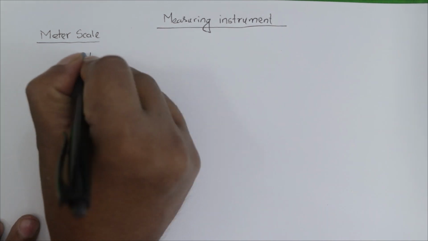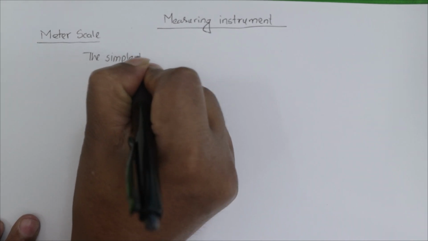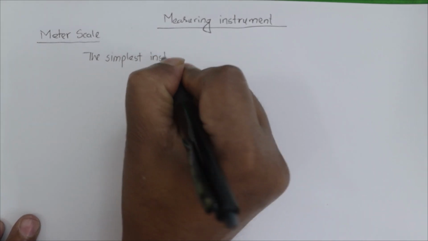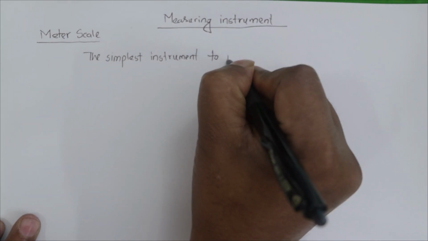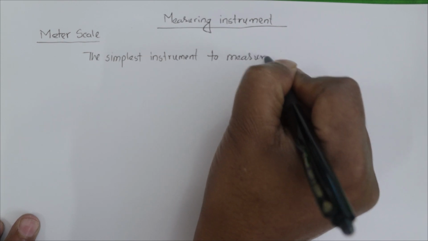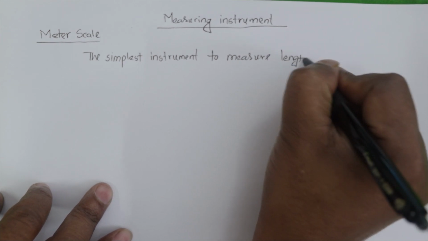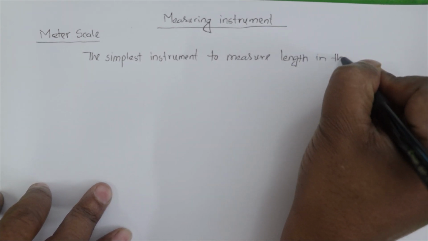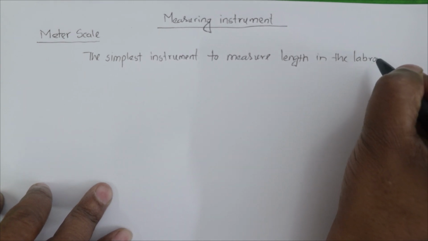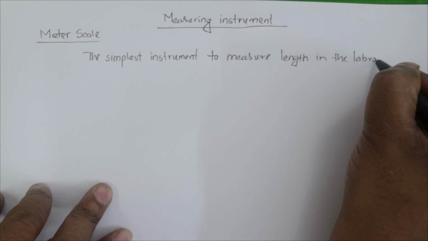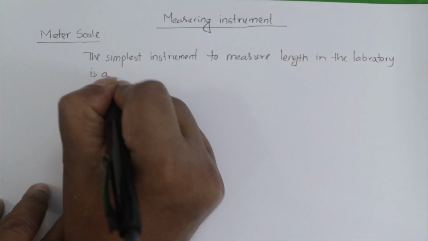So the simplest instrument to measure length in the laboratory is a meter rule.